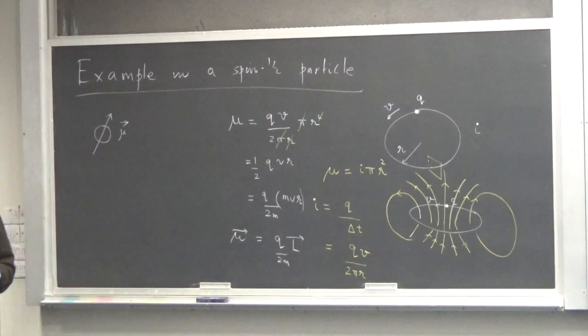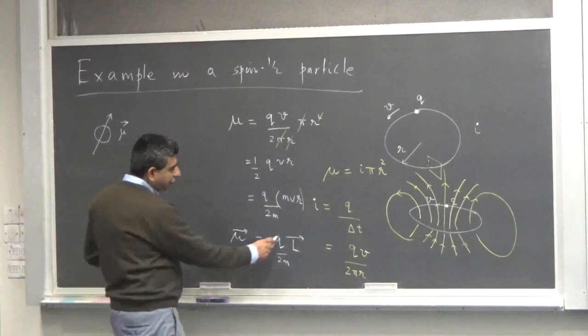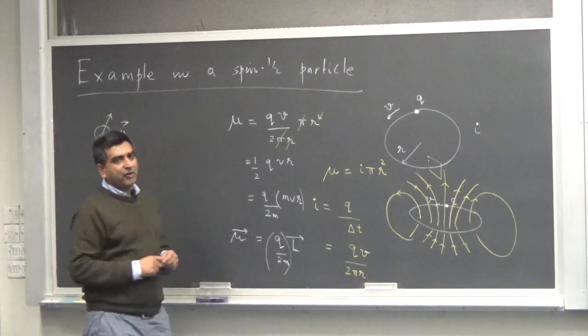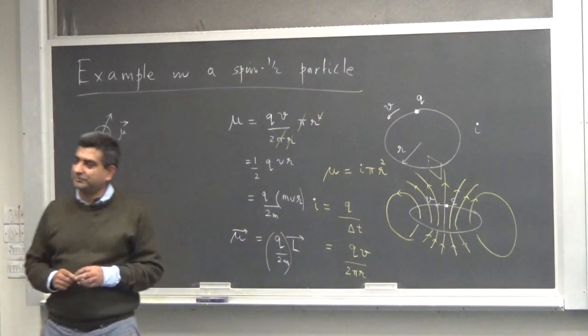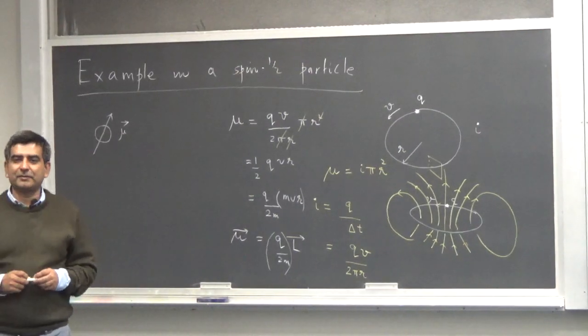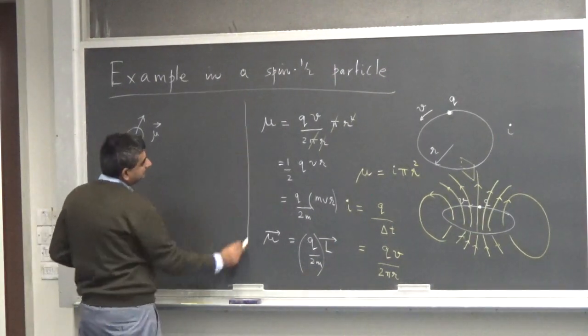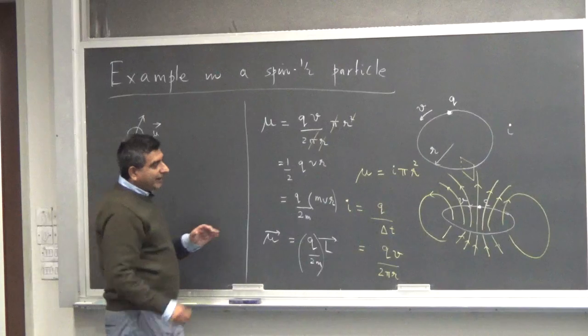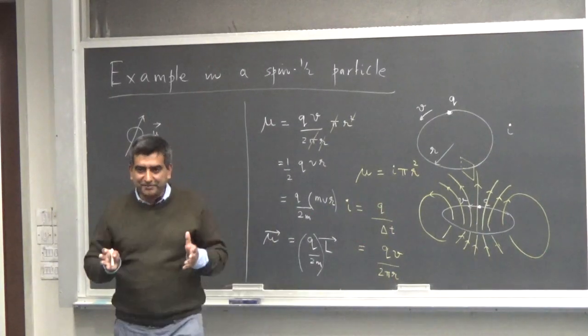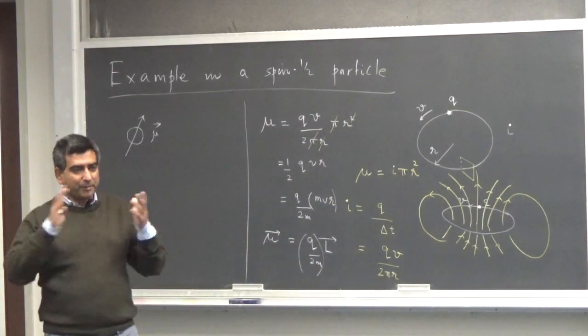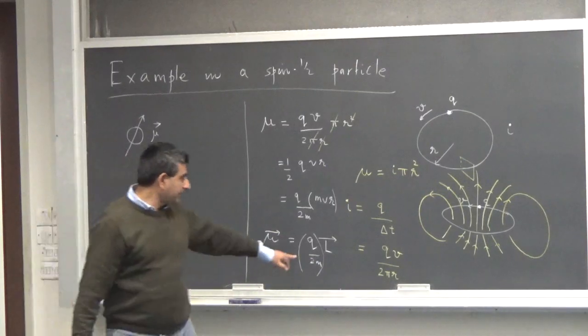So any object which is charged and has an orbital angular momentum will also act like a magnet. And this is the relationship where Q over 2m is a constant of proportionality. Alright? Now if you look at an electron, so by the way, if this electron is inside an atom in a particular orbit, its angular momentum has to be quantized.